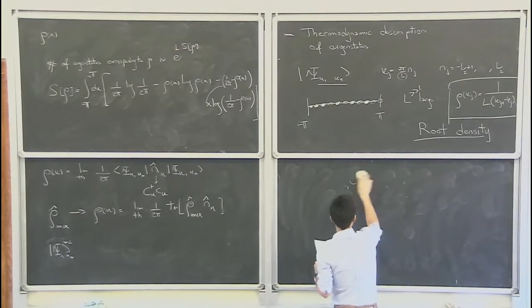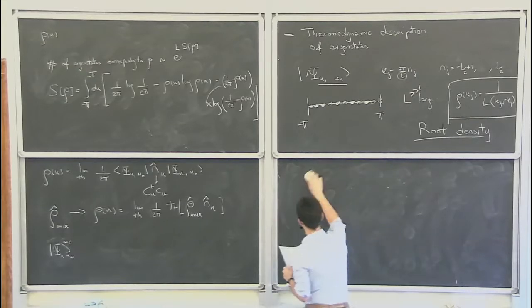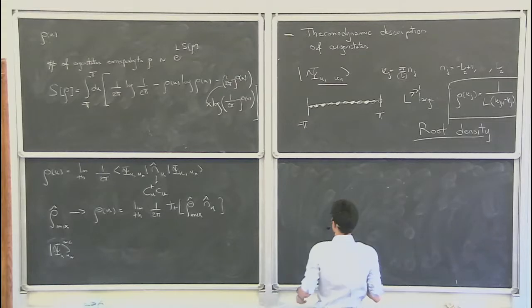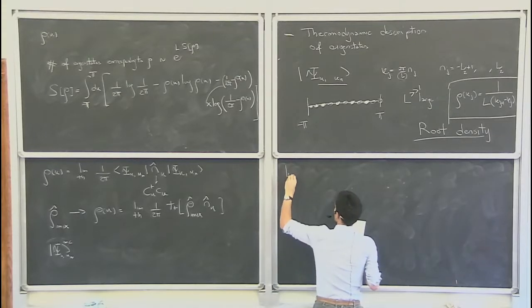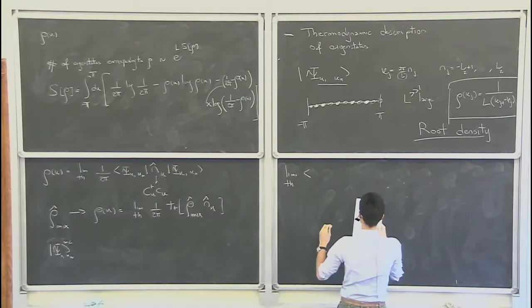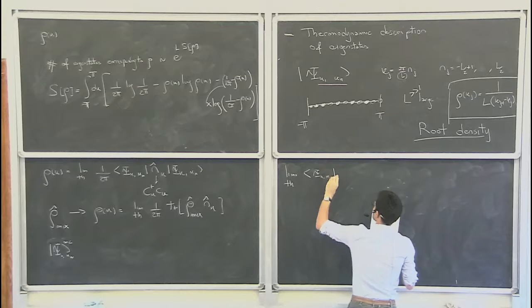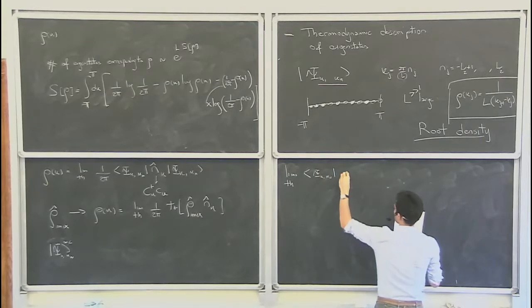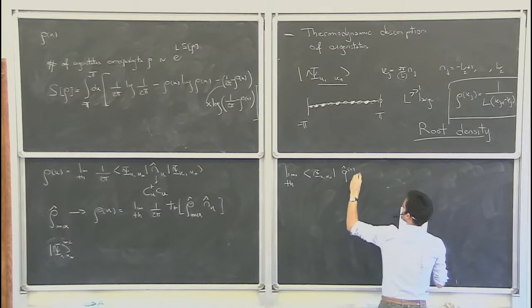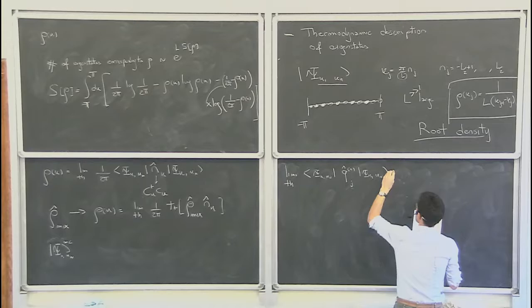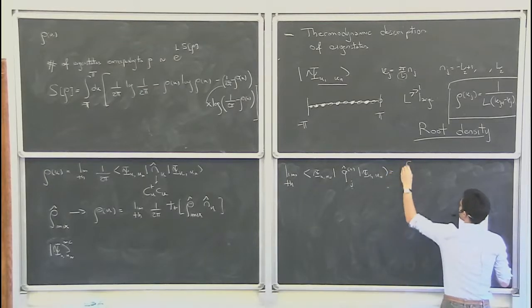So if you take the charges I wrote in the previous lecture, and you take the expectation value of their densities in the thermodynamic limit, take the expectation value on an eigenstate of the Hamiltonian, of course, then this is written like this.